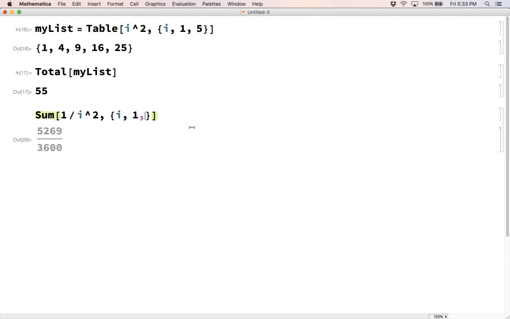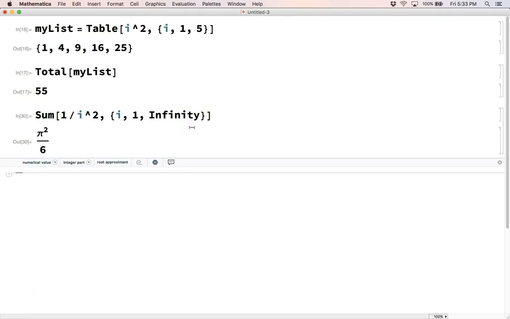I can replace this 5 by infinity. And I don't know if you've seen that formula before, but a crazy formula for 1 over 1 squared plus 1 over 2 squared going on forever. A closed formula for that is pi squared over 6.